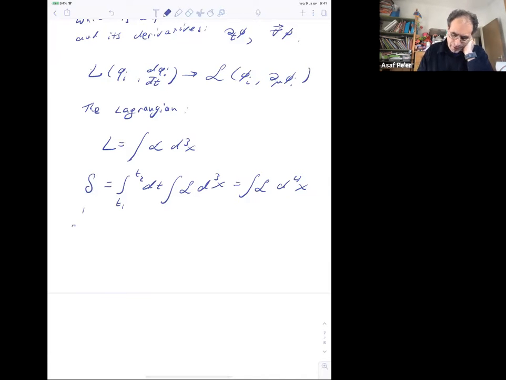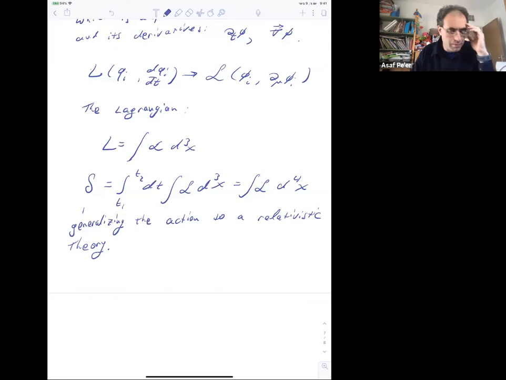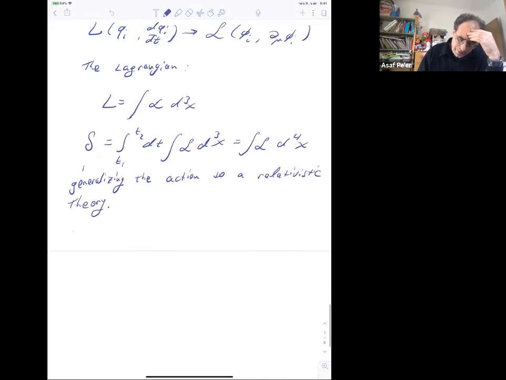This is generalizing the action to a relativistic theory. Now we can look at the principle of least action, right? So let's apply the principle of least action.